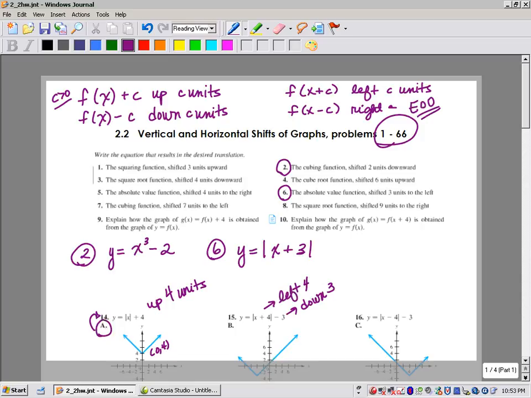A key point is 0, 0. So if we shift 0, 0 left 4, which these are counting by 2's here, left 4 and down 3, we would get to this point negative 4, negative 3. So it turns out that B is the graph of number 15. And you can deduce there that C is for number 16, but I'll leave that one for you to look at.